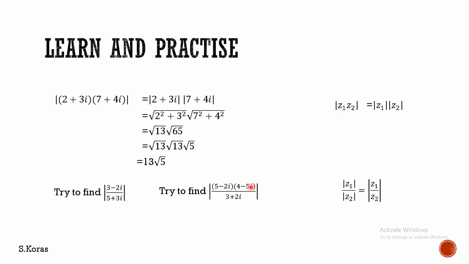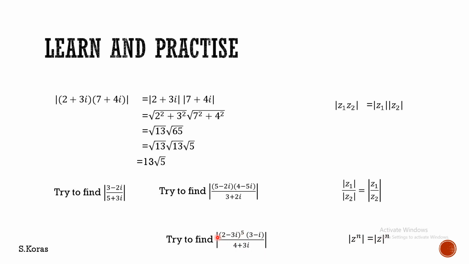Very simple. In case the problem is like this, what to do? Don't worry about the power. As I told you already, just take modulus of this. For example, your answer will be root of 4 plus 9, that is root of 13. So root of 13 whole power 5 is the answer for this particular complex number. So apply this property, modulus of Z power n can be written as modulus of Z the whole power n.